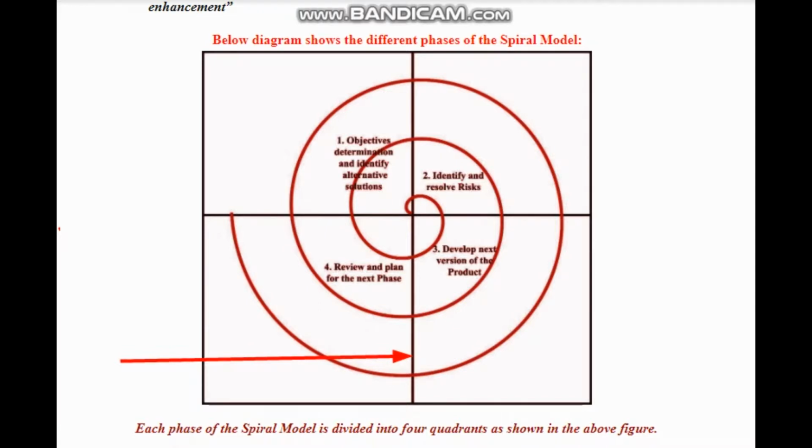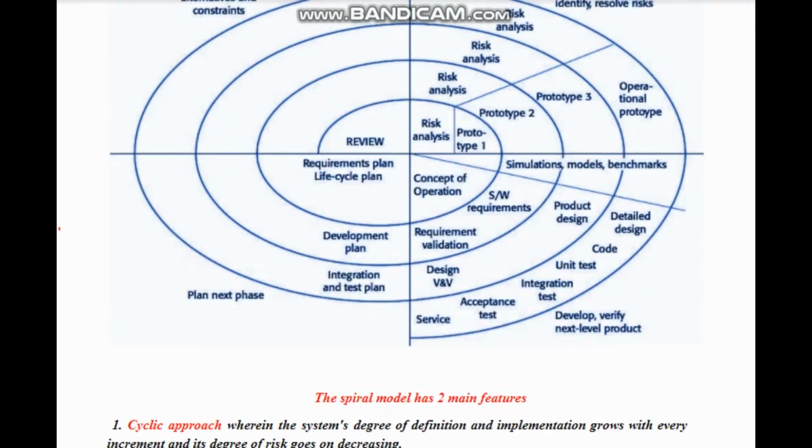The customer will use it, and if the customer gives us feedback and we find that some information or some functionality is missing, we again go to the first quadrant, and here again we collect new information, develop the new prototype, do the redesign, test, and again provide that product to the customer. So this process is cyclic. It continues until we find that we have obtained a quality product which satisfies all the needs of customers.